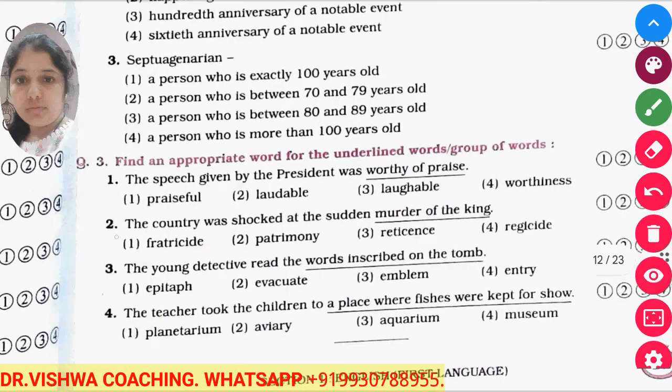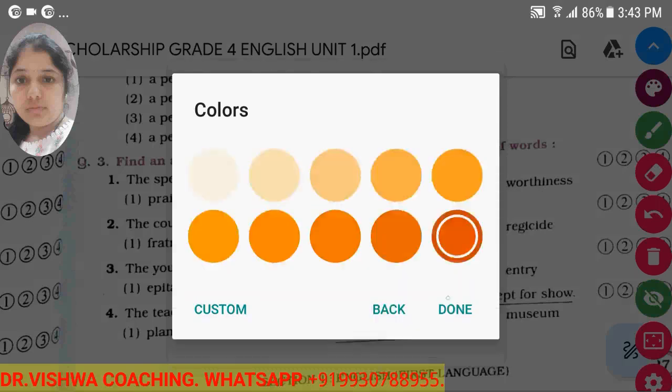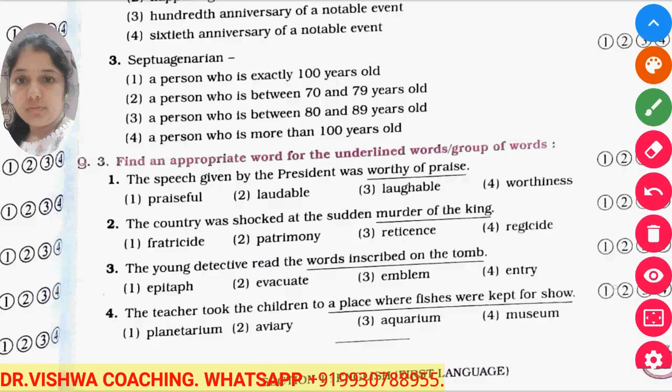Now the third question pattern is: find the appropriate word for the underlined words or group of words. Again we have to find one word for many words. The speech given by the president was worthy of praise. Which word here stands for worthy of praise? The options are praiseful, laudable, laughable, worthiness.